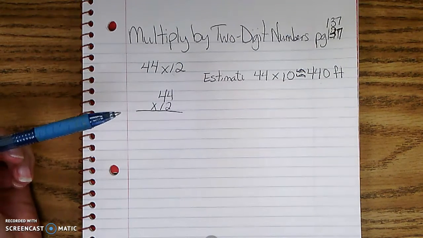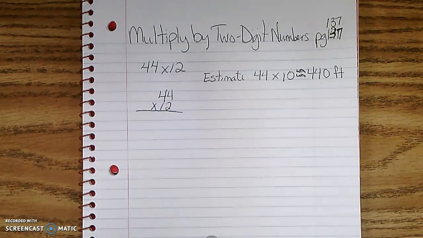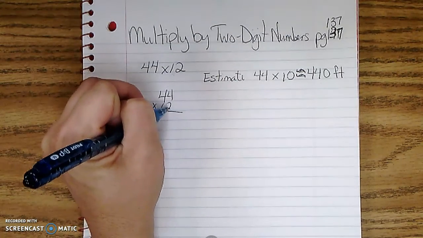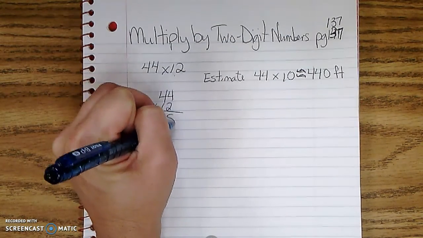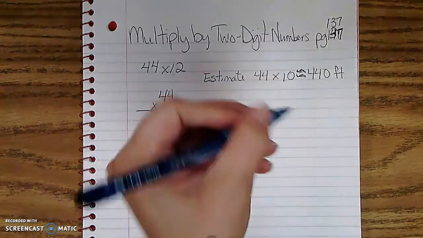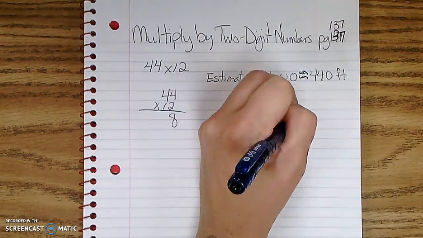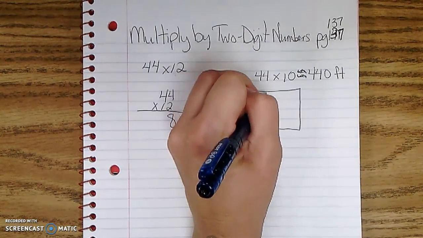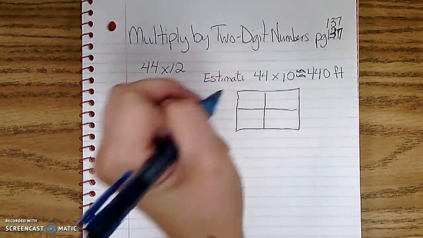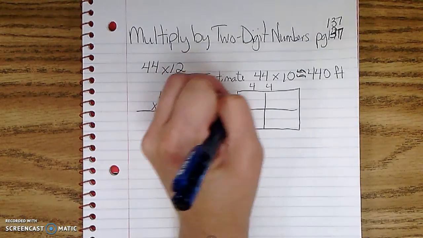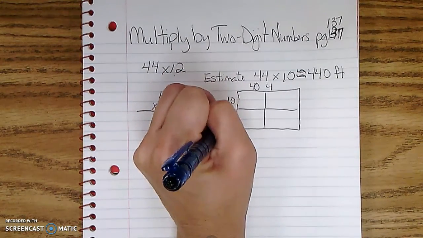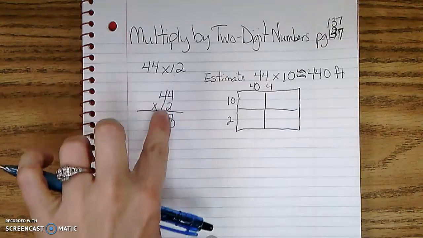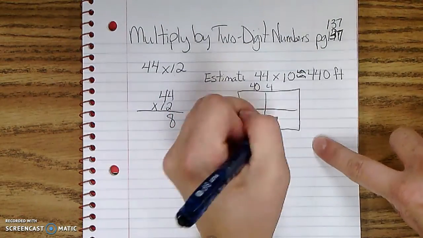And think about our area model, we did that as well. So 2 times 4 is 8. And if I'm going to follow along with the area model on the side here to show you how they correlate. So we have 44 and 12. So 2 times 4 is 8 is right here in this box.